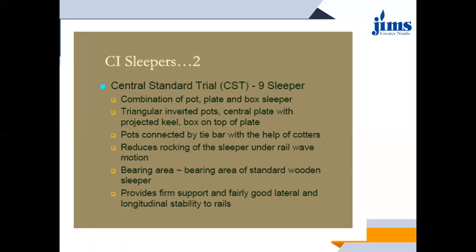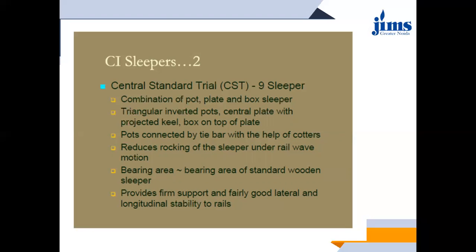Okay. Now the next kind of cast iron sleeper is the CST9 sleeper, known as the Central Standard Trial 9 sleeper. Now, this name was given to the CST9 sleeper because RDSO Lucknow was conducting research on sleepers, and when this kind of sleeper evolved and was accepted, the acceptance was done on the ninth trial of the sleeper.